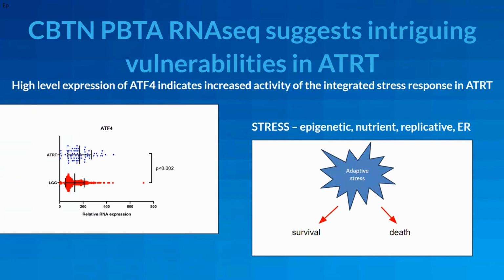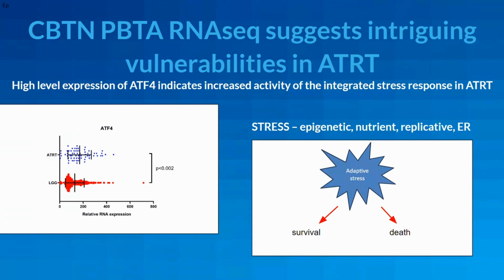So to highlight the part that Ashley mentioned about the first arm of the ATRT clinical trial, we've been interested in this thing called the integrated stress response for a while, and particularly how mTOR interacts with stress. So it turns out that fast-growing cancer cells, and particularly ATRT, this again is CBTN data, express a lot of something called ATF4, which is a transcription factor that's turned on when cells are stressed.